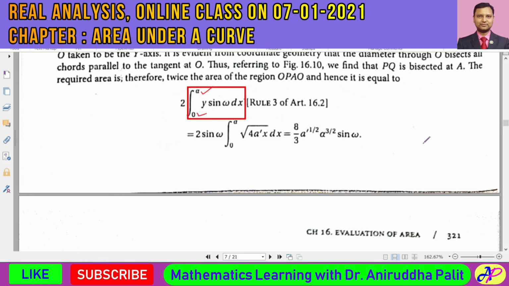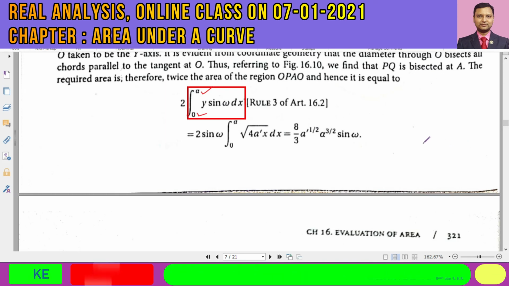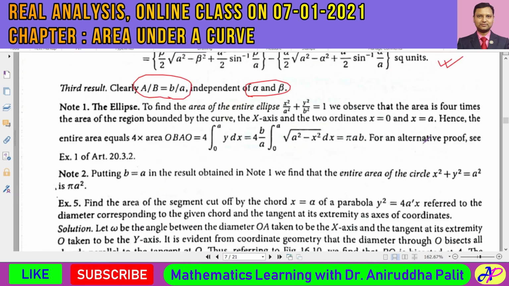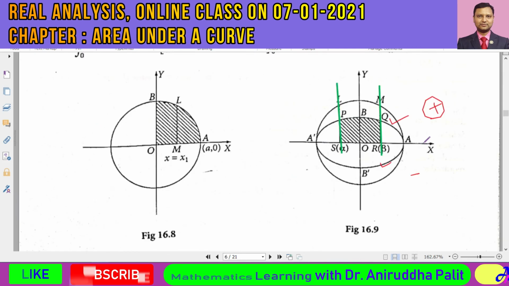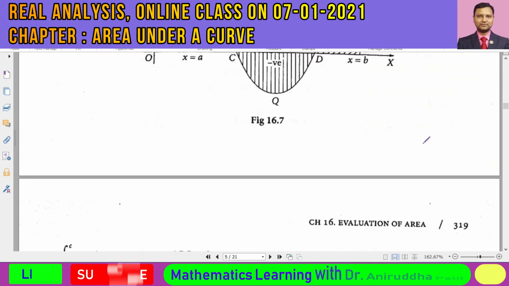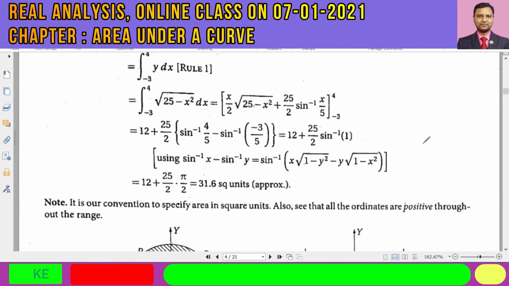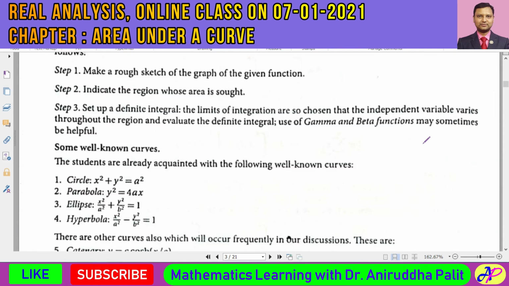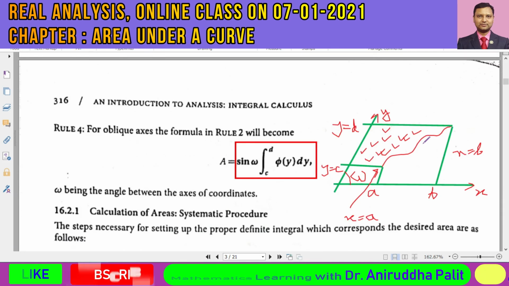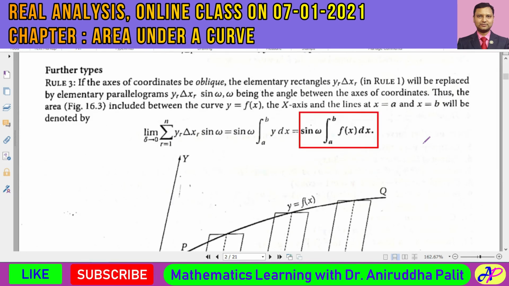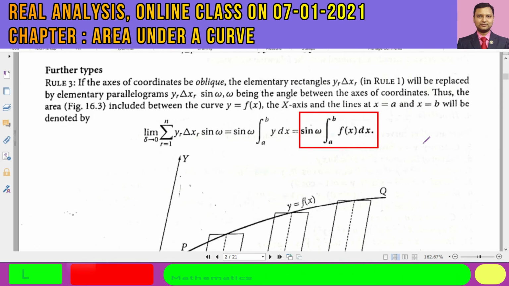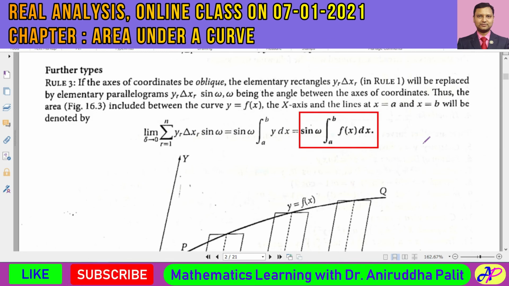I told you that in the earlier part of this lecture. Let me show you. Where was the formula? Integral from a to b, this was one formula, and this was another formula: integral from a to b of f(x) dx times sine of omega.